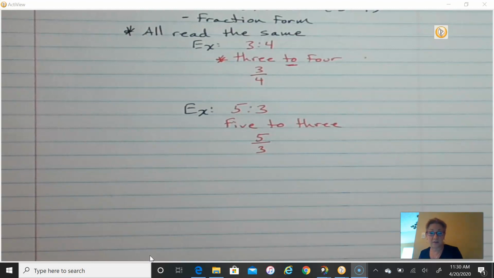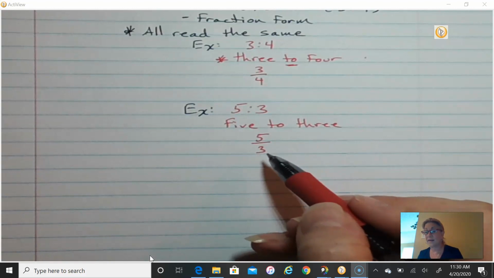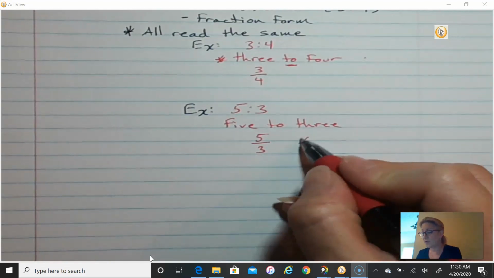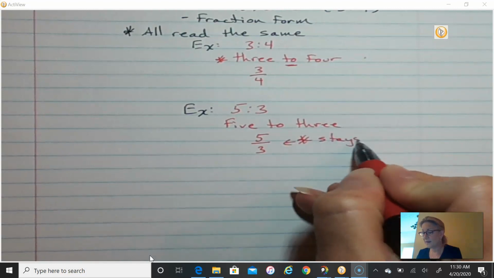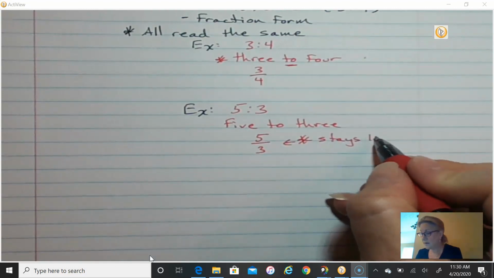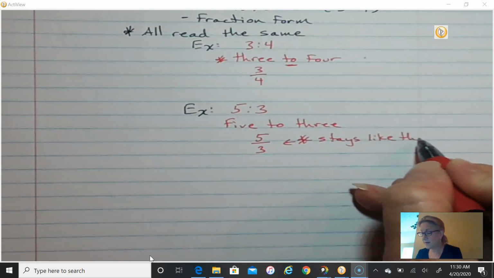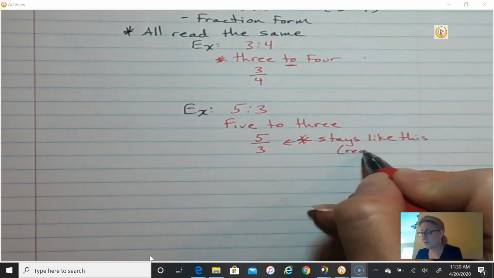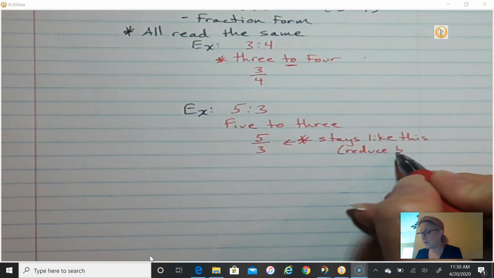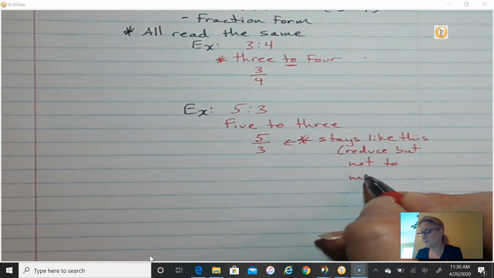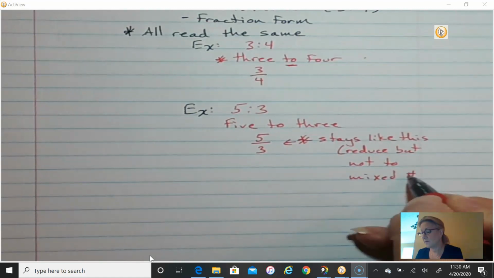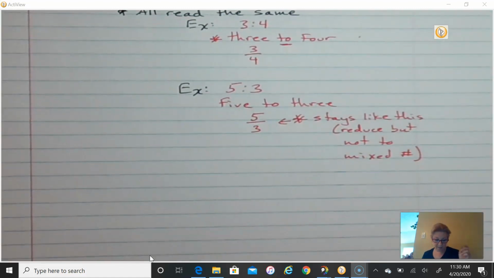We're comparing two things, you know? And so this stays the way it is. But you do need to reduce, but not to a mixed number. Okay? All right, so let's get started.